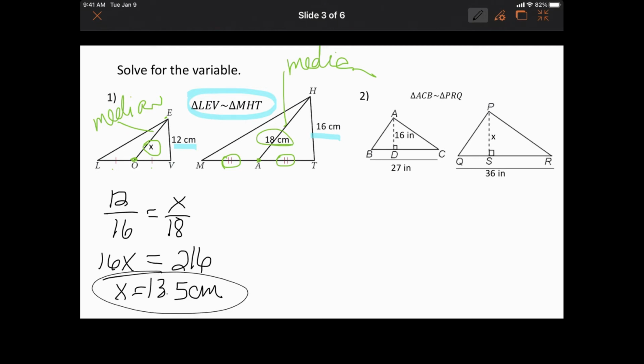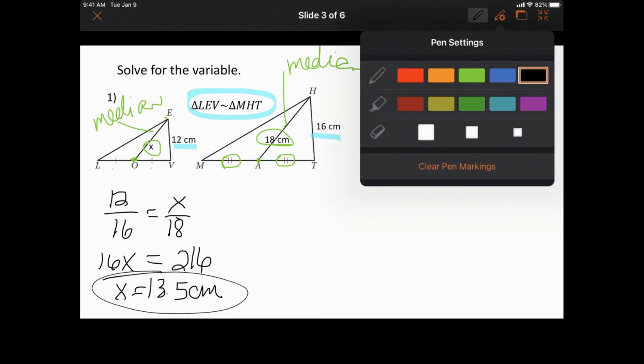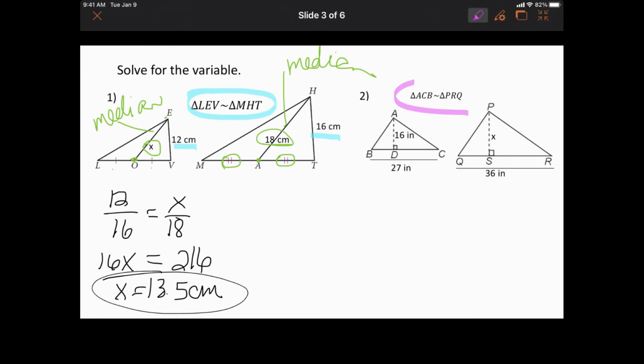All right, so let's look at the next one. What do you see? Again, similar triangles, ACB and PRQ, and given a pair of sides, here this is 27 for that whole length, and 36 must be that whole length.